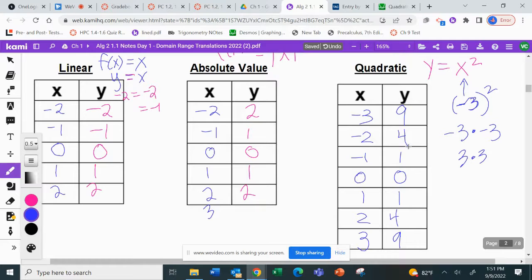Just like absolute value, the numbers are symmetric, and there's one very important one in the middle. Do you remember what the very important one was called? Vertex. Same thing with quadratic. Very important vertex. And then we're symmetric from there. Quadratic also has a vertex. Again, that's for a different chapter.